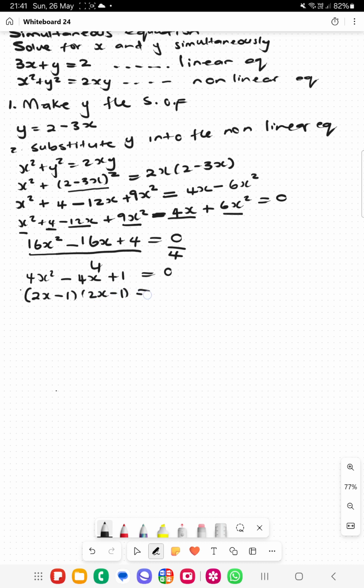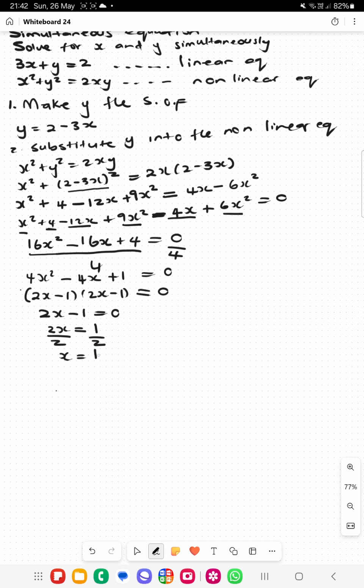So 2x minus 1 squared. Then solve for x. 2x minus 1 equals 0. It's the same bracket, so I won't repeat it twice. Meaning that 2x equals 1, so x equals 1 over 2. Now x is a half.